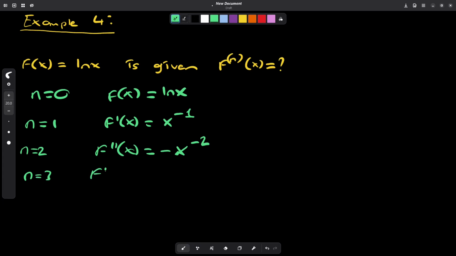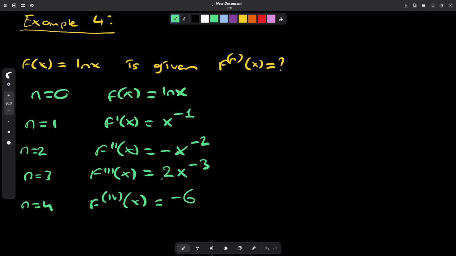Let's differentiate it again. 2x to the power of negative 3. What is fourth derivative? Negative 6. Again, I am sensing some factorials, as you can see. 2 factorial, 3 factorial.